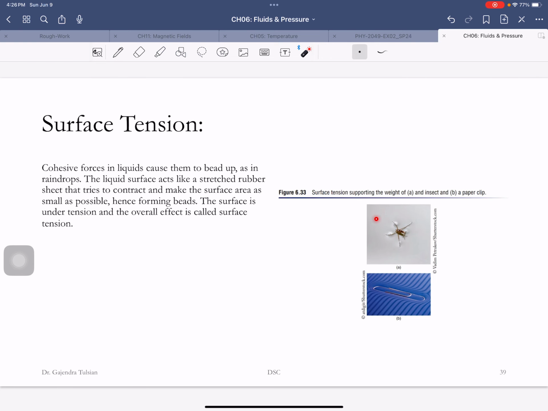Okay, so the cohesive force between water molecules is what makes this possible. The surface of a lake, let's say, or a body of water is like a stretched rubber sheet, and as long as you don't break the surface, this bug is being supported by the surface of the water.